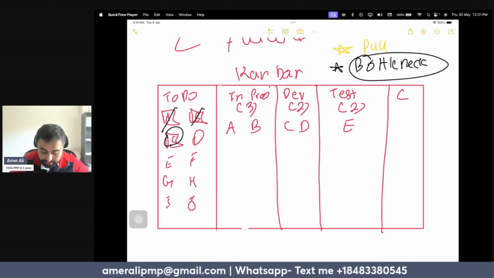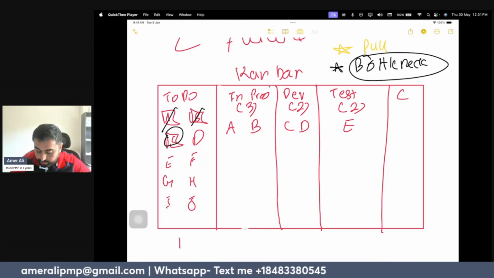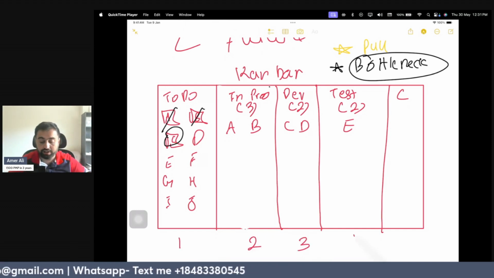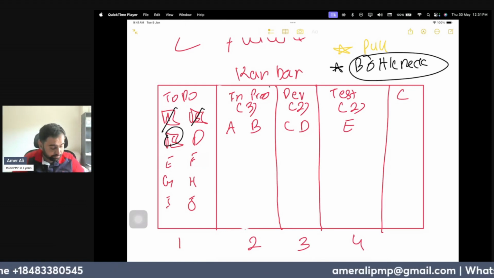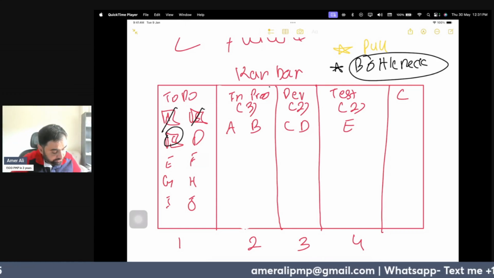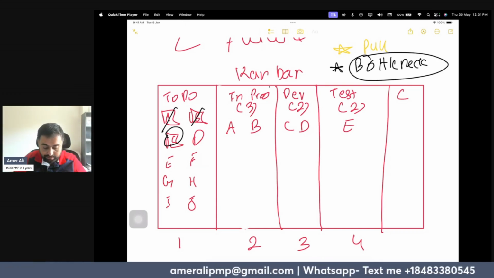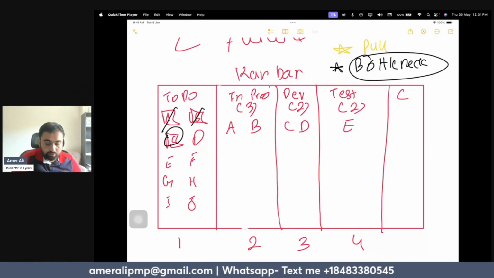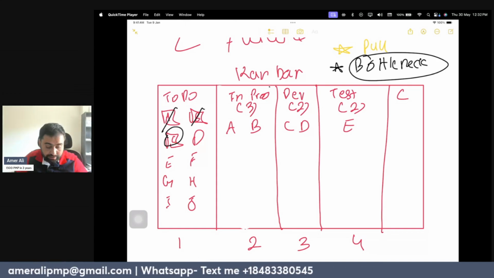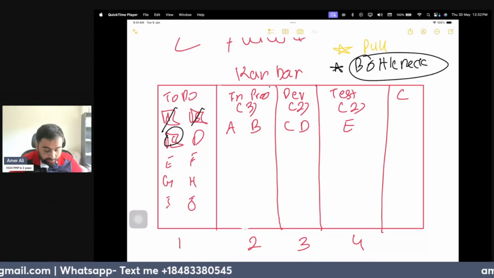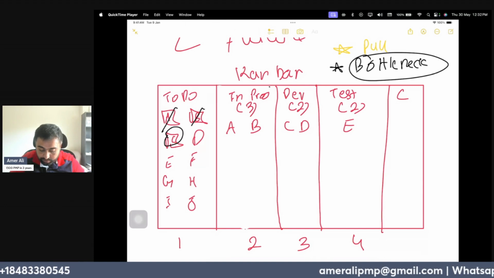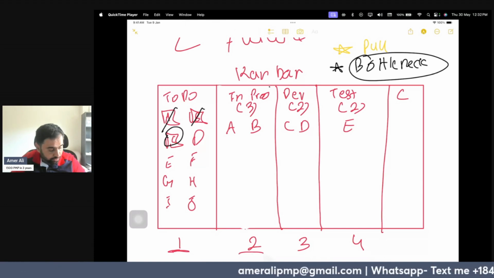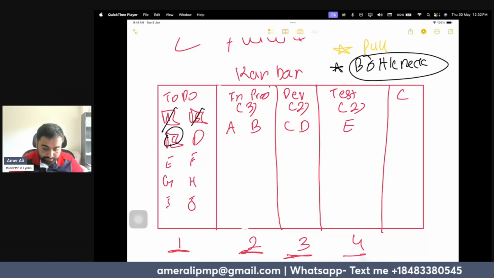Is it 1, 2, 3, 4? Where is the bottleneck? No, the development was the bottleneck. Which is the bottleneck? One, two, three, four.